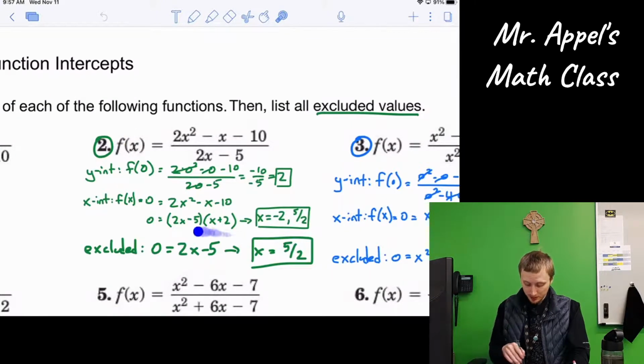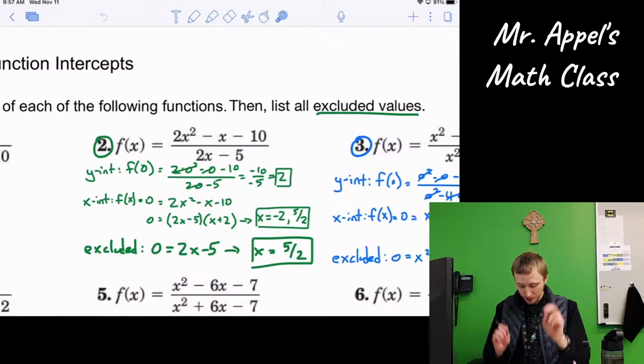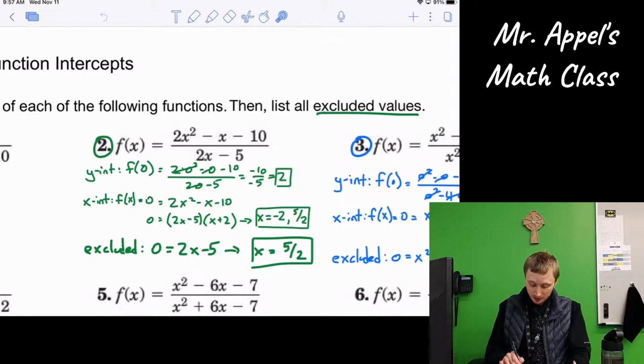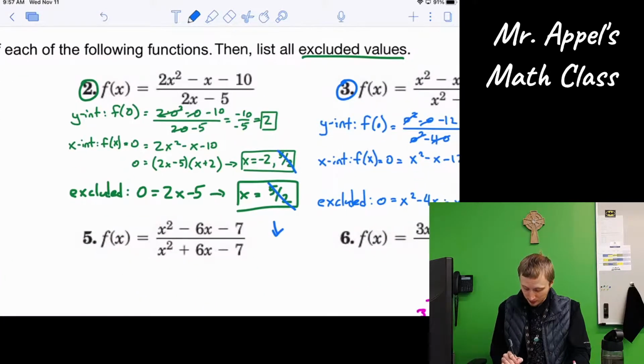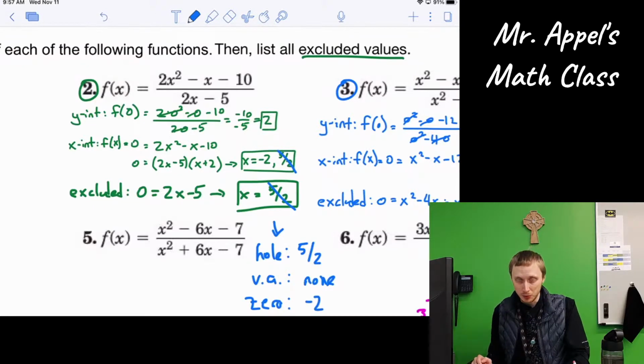So again, here is question 2. We found the excluded values included 5/2. The zeros values included -2 and 5/2. So since 5/2 is in both of them, we actually end up with a hole at 5/2, vertical asymptote nowhere, and a 0 of the function at -2.